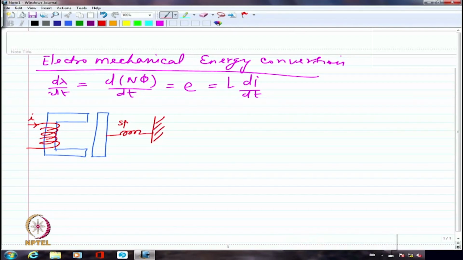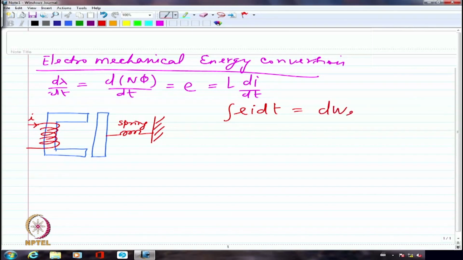So, this is spring. So, we said that when there is no movement, the entire electrical energy that I am feeding in, which I may call as integral of EI dt, where EI is the power, so if I integrate it over dt or whatever is the time interval that I have, then I may call this as the electrical energy input.